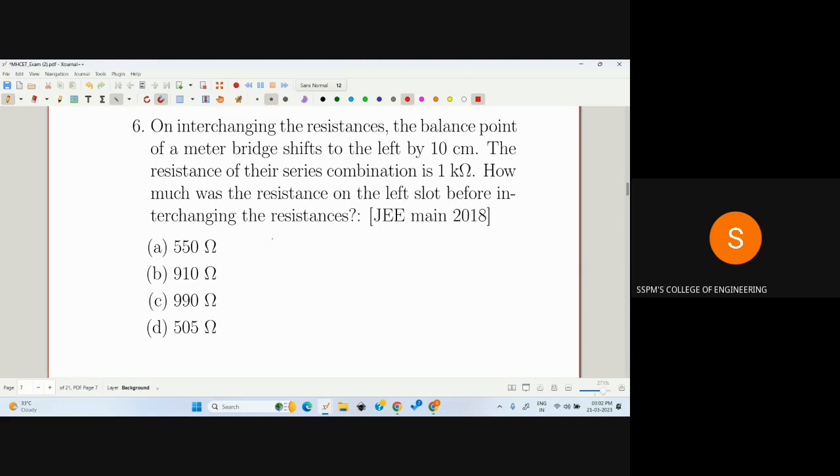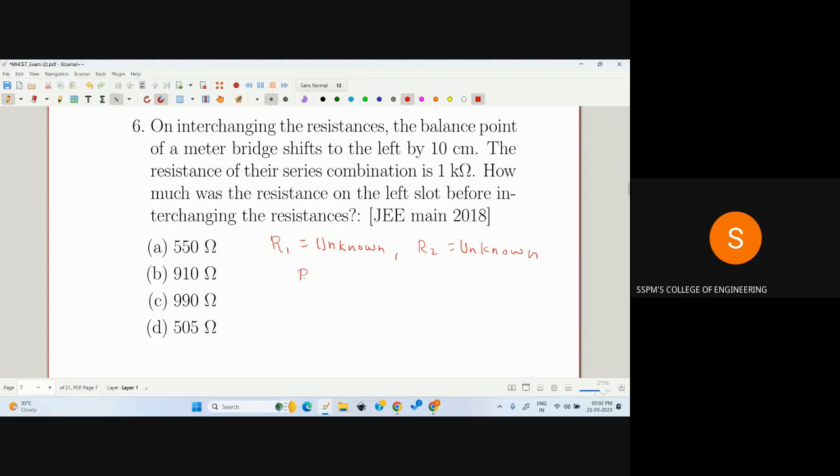Let us consider R1 and R2 are two unknown resistances. R1 is unknown and R2 is also unknown. R1 is connected at the left hand side and R2 is connected at the right hand side. But the summation of these two resistances is given.